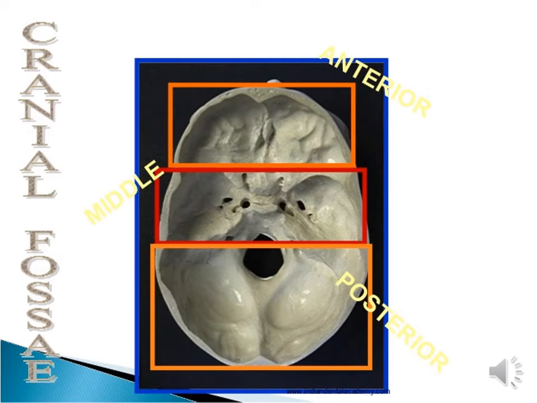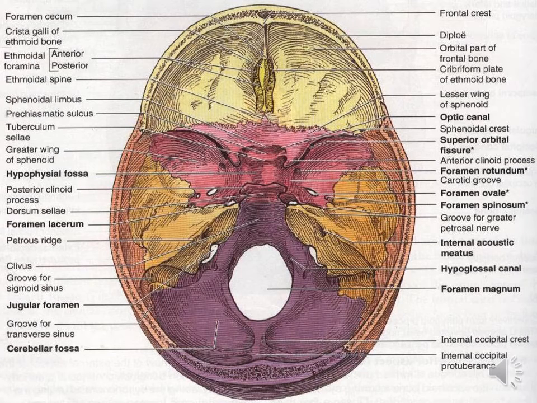This figure shows an arrangement of the cranial fossa from anterior to posterior: the anterior cranial fossa, the middle cranial fossa, and the posterior cranial fossa. This figure shows the bones forming the cranial fossa: the frontal bone, parietal bone, temporal bone, occipital bone, sphenoidal bone, and part of the ethmoidal bone.